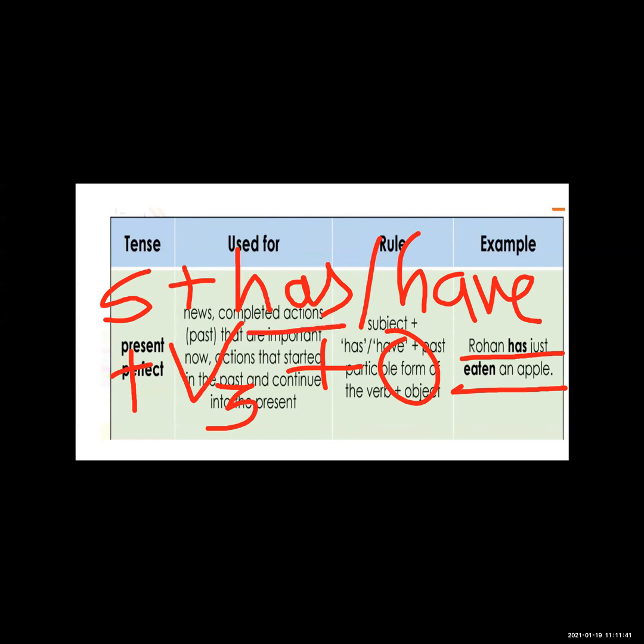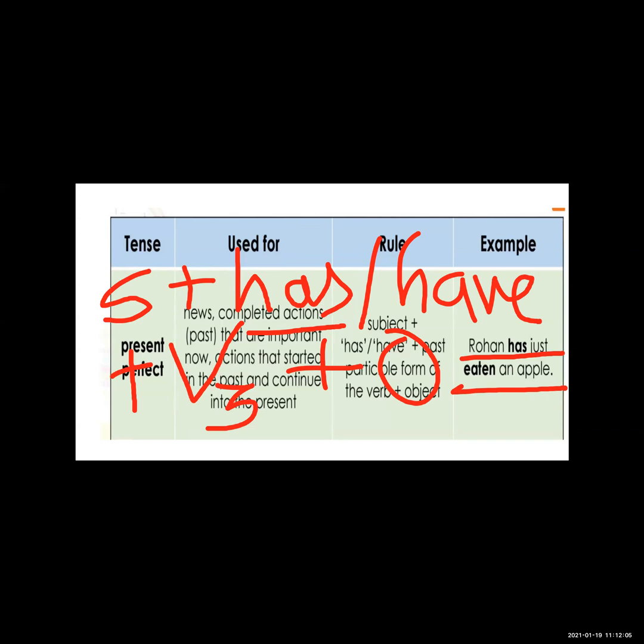Because Rohan is a singular noun. With he, she, it and with a singular noun we always use has. Eaten is the third form of the verb, the past participle form, and apple is the object.